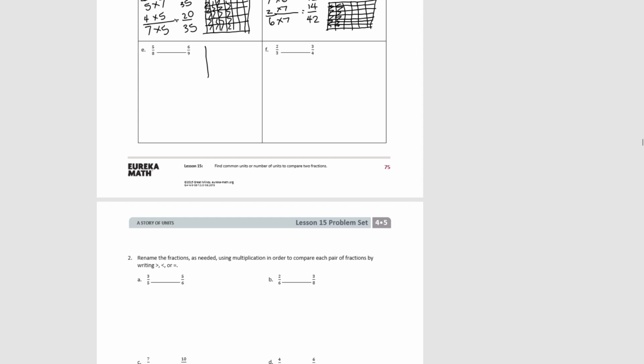Okay, start again with our area models to show 7/8. I'm sorry, 5/8. And our second fraction is 6/9.